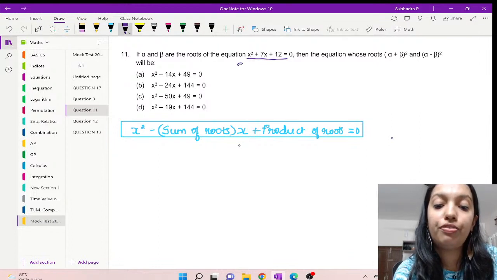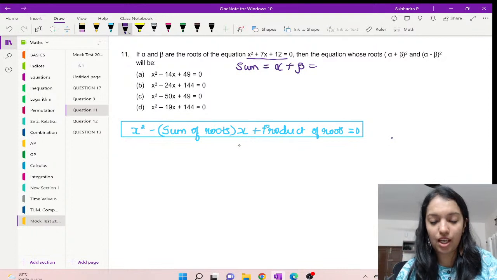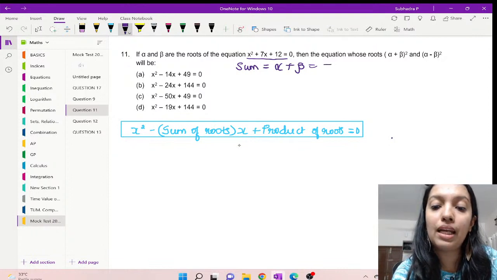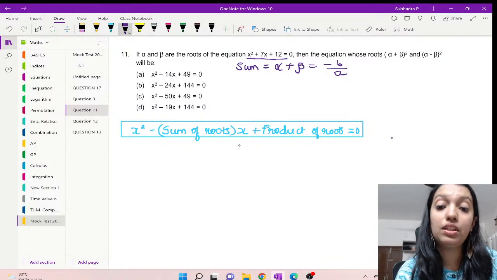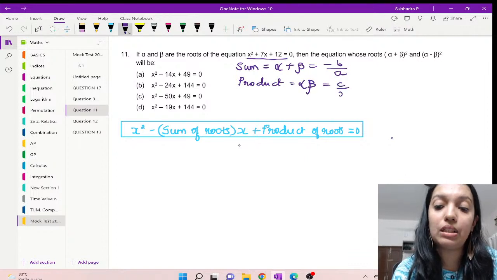Do you know how to find the sum of the roots? Alpha plus beta is given by the formula: sum of the roots is equal to minus b divided by a. And what is the product of the roots? Alpha beta is equal to c divided by a.